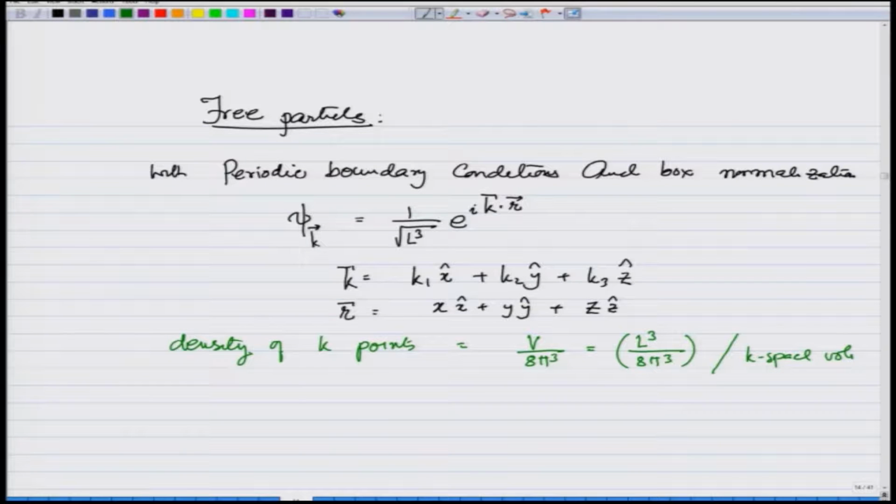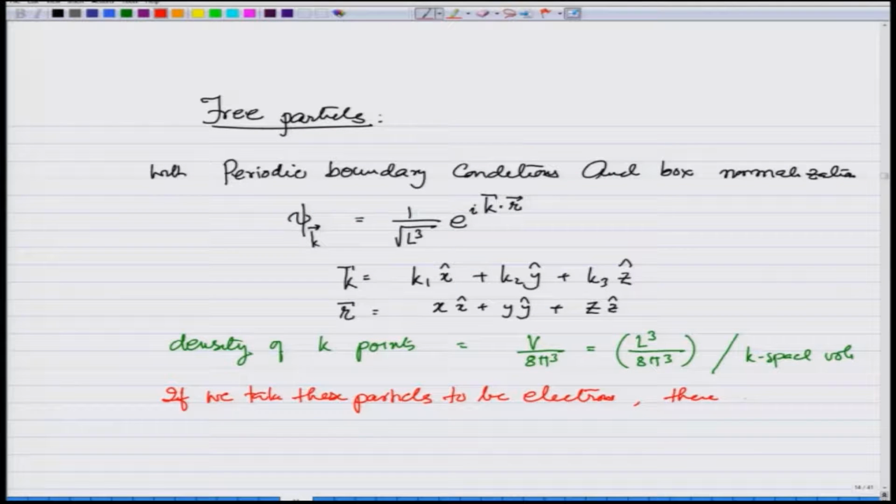And if we take these particles to be electrons, then there will be 2 electrons per k point.